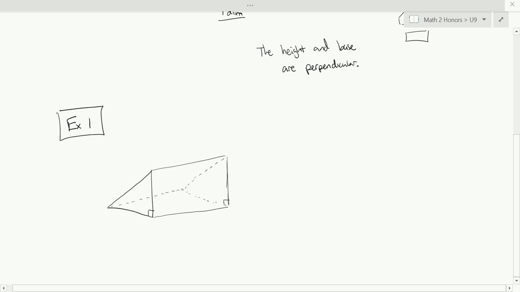And I'm going to tell you that the length from A to B here is going to be 10. The length from B to C is going to be 5. And the length from C to D is going to be, let's go 7. And I want the volume of this prism. So go ahead and try to find the volume of that prism.